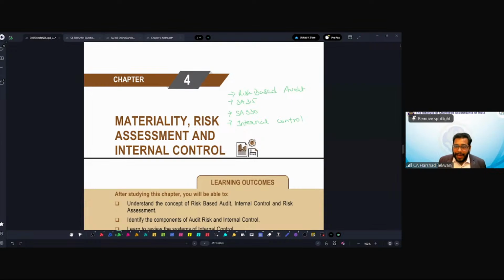Before I start the session, can anyone tell me what is risk based audit? The first thing we will discuss is risk based audit. Can anyone tell me what it is?